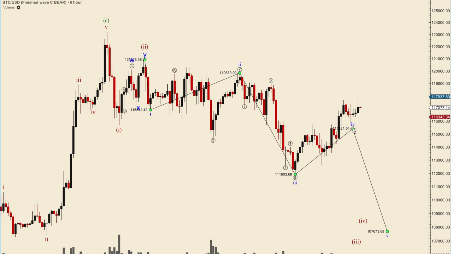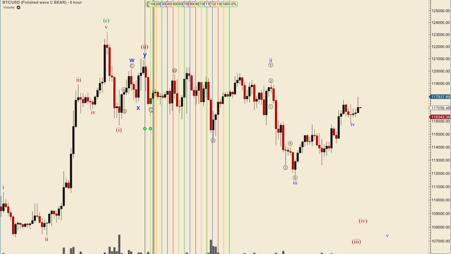So we can't have a 4 here. So then we basically need to have wave 2 somewhere over here. But that doesn't fit well at all, because if you look at the time here, if you take the time here to 1, you can see that wave 2 will then be like 2000 Fib time longer than wave 1, which is, I mean, it's not probable at all.